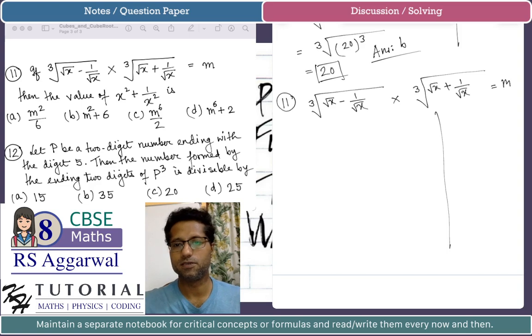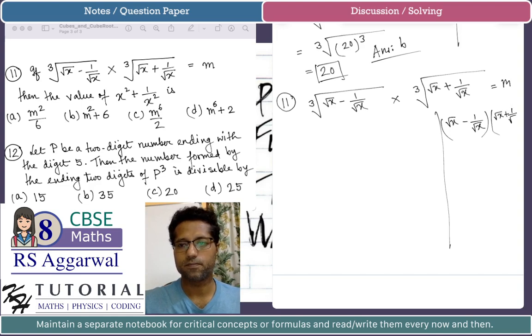We can clearly see that if I multiply root x minus 1 by root x with root x plus 1 by root x, it will be equal to root x square minus 1 by root x square.